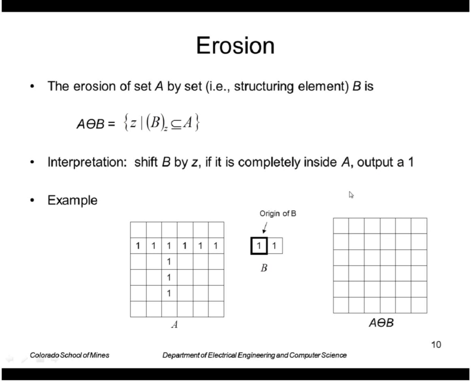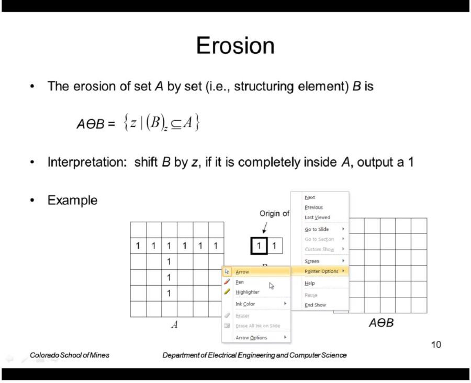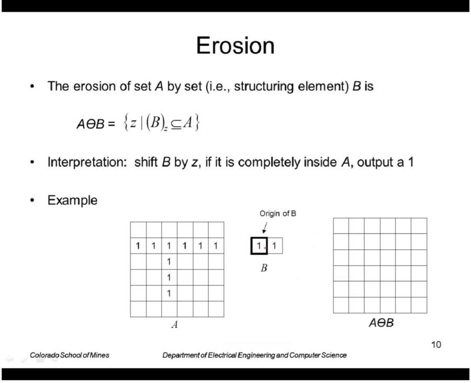So let's do an example here. Let's say we have this set A consisting of these 1s. Everywhere else we have zeros. We have a set B here, a structuring element, where the origin is indicated by the heavy outline.